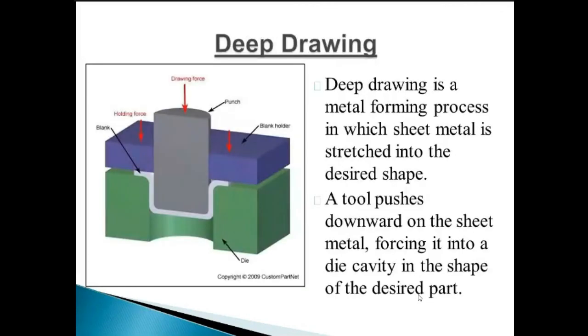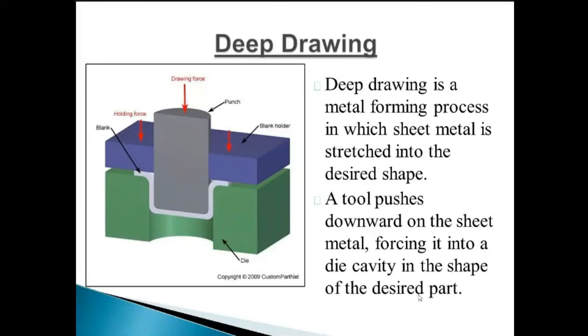Next one is the deep drawing process. Deep drawing is the metal forming process in which the sheet metal is stretched into the desired shape. A tool pushes downward on the sheet metal, forcing it into a die cavity in the shape of the desired part. Now see the arrangement of your deep drawing.